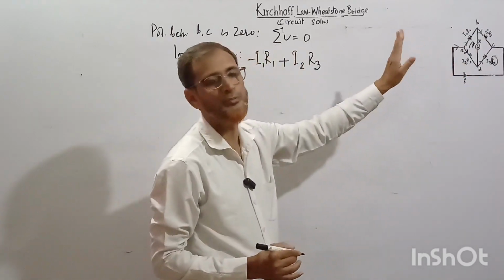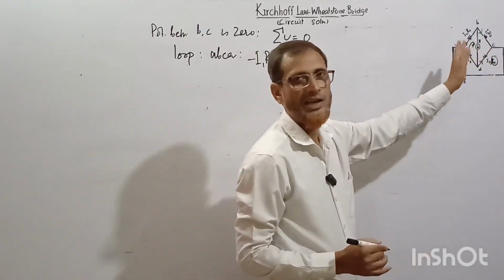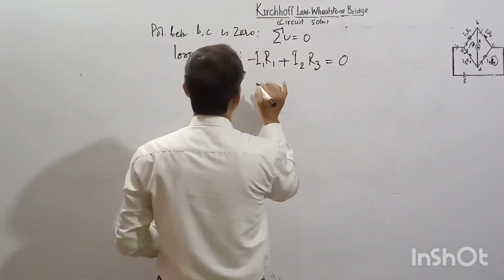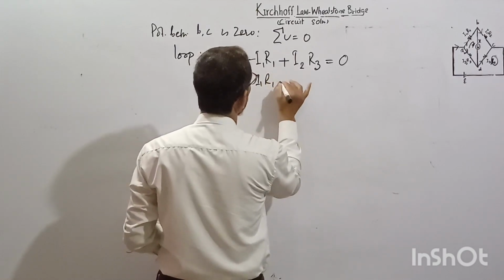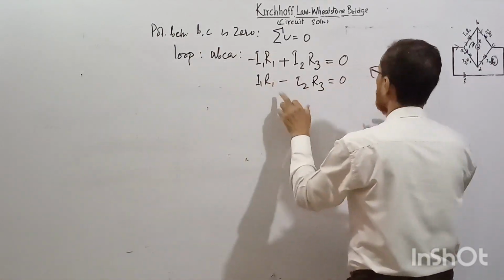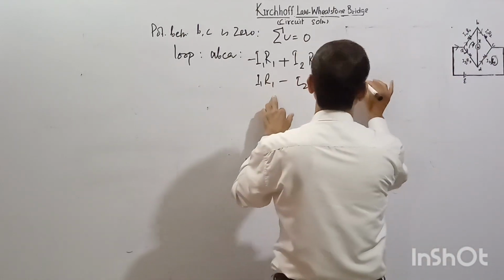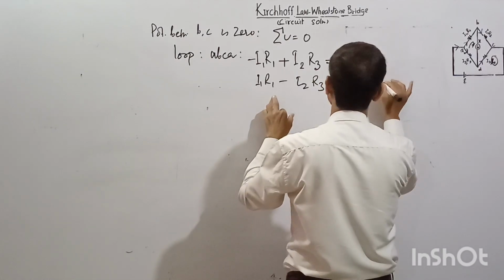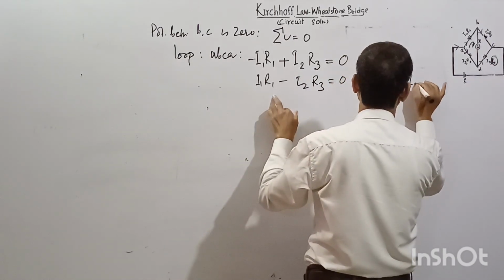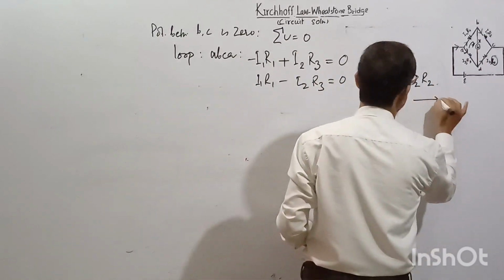We will not consider the voltage across this one, because here it is 0. We have assumed this is equal to 0. Or we may write I1 R1 minus I2 R3. In both cases the matter is the same. So from this we get I1 R1 is equal to I2 R2. So this is equation 1.